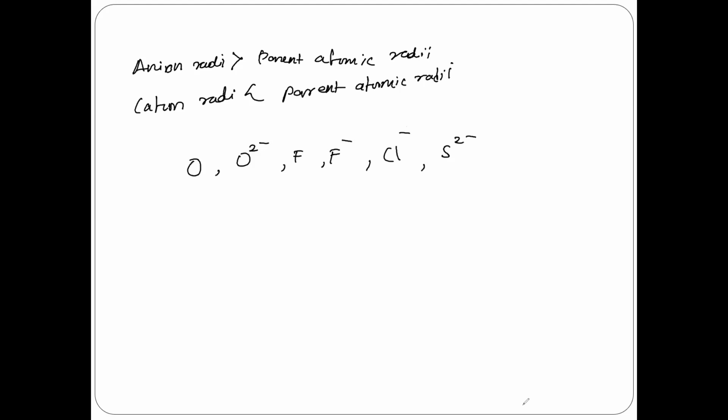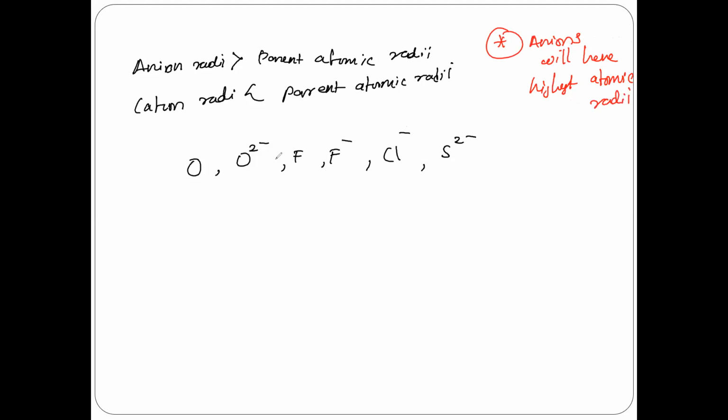So this is very important. You should be able to understand. Here the anions will have the highest atomic radii. The size is big.